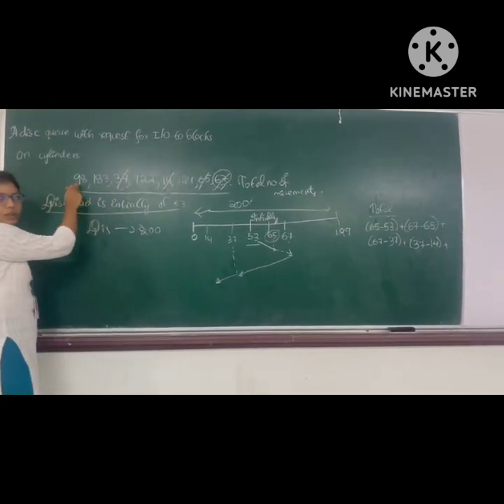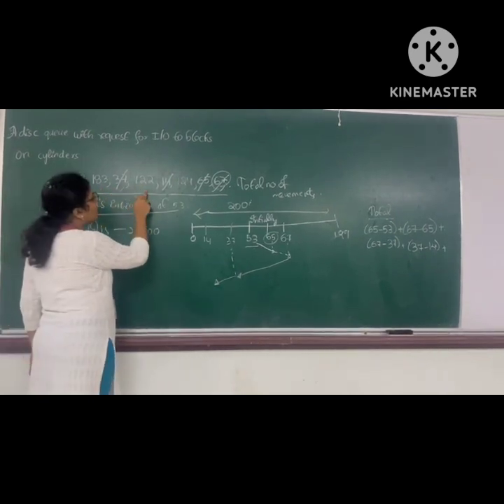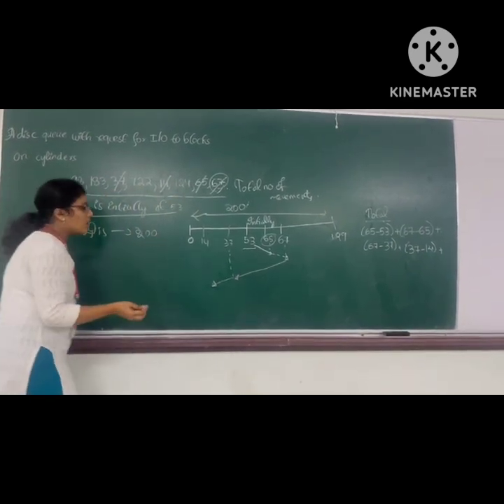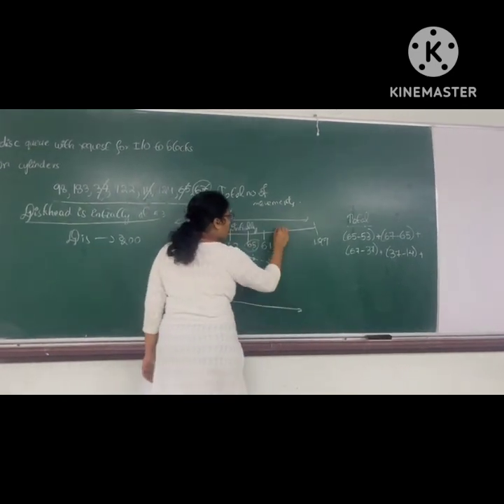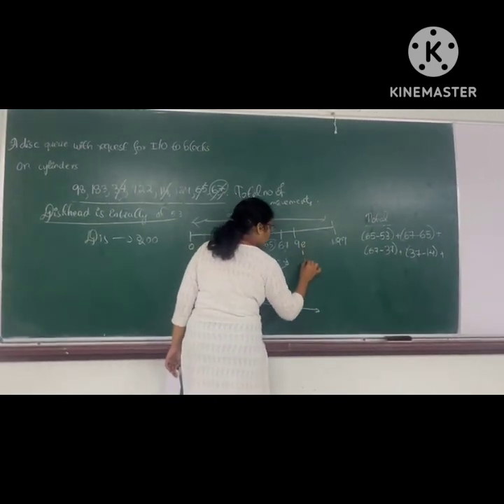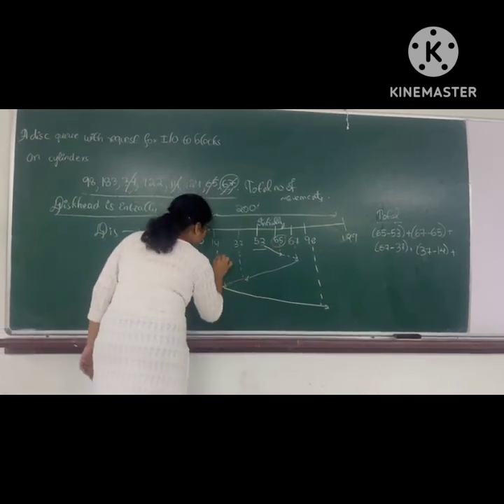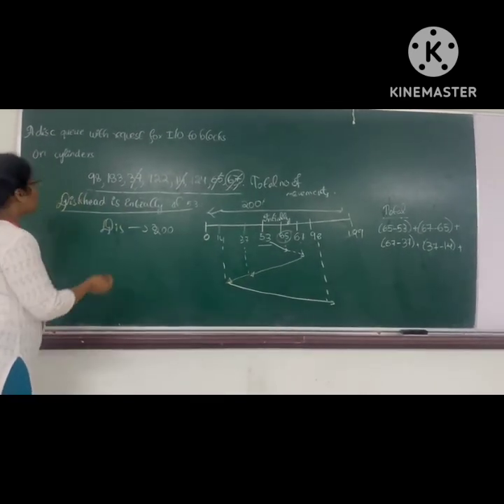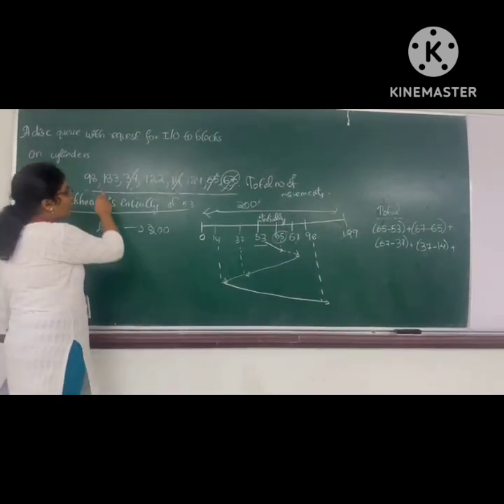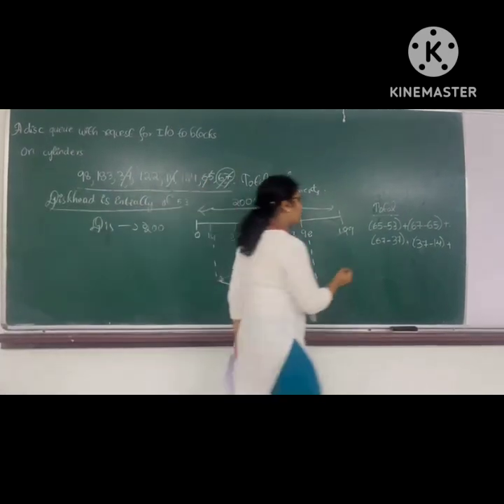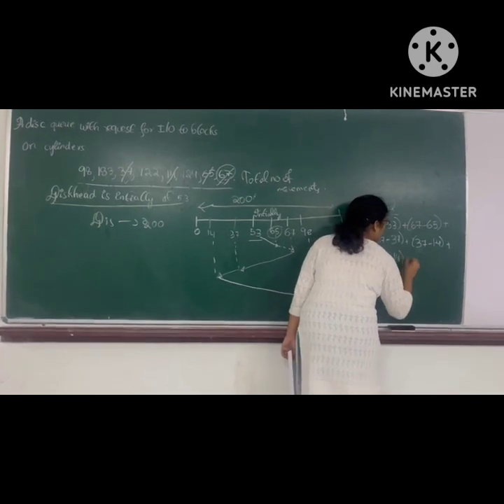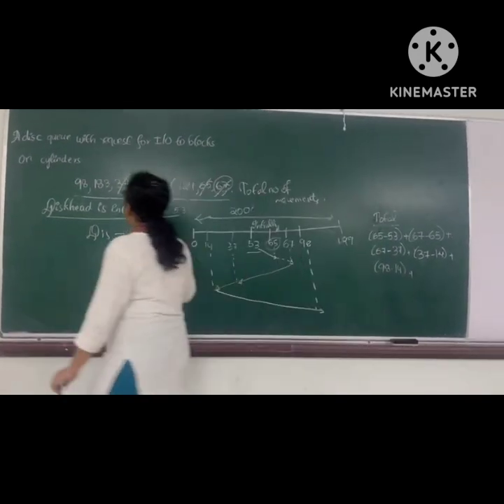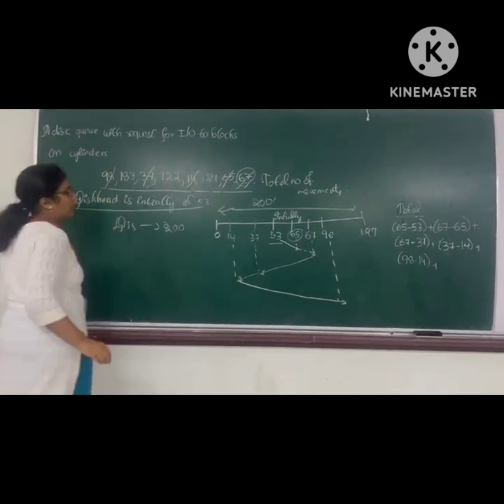Here 98 is very near compared to 183, 122 and 124. So that's why here the read or write head moves to 98. Now we have to update here also, that is 98 minus 14 plus, and now 98 is also completed.